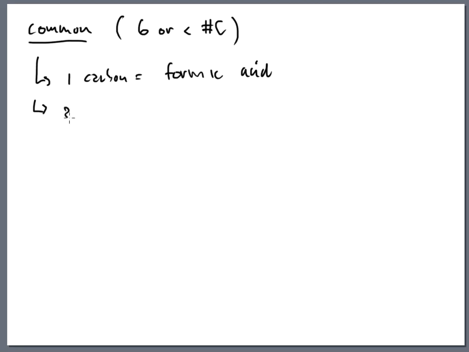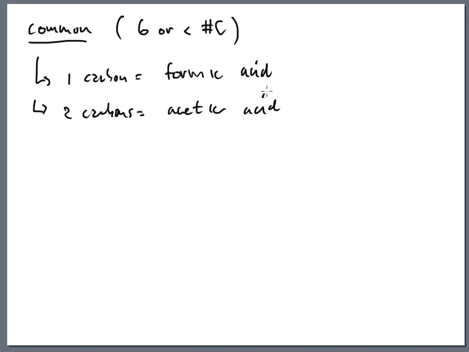Number 2, 2 carbons. Well, this also has a common name. This common name is acet, A-C-E-T. And I add the word ic, and I'll add the word acid. So a 2 carbon common name would be acetic acid. That's vinegar.